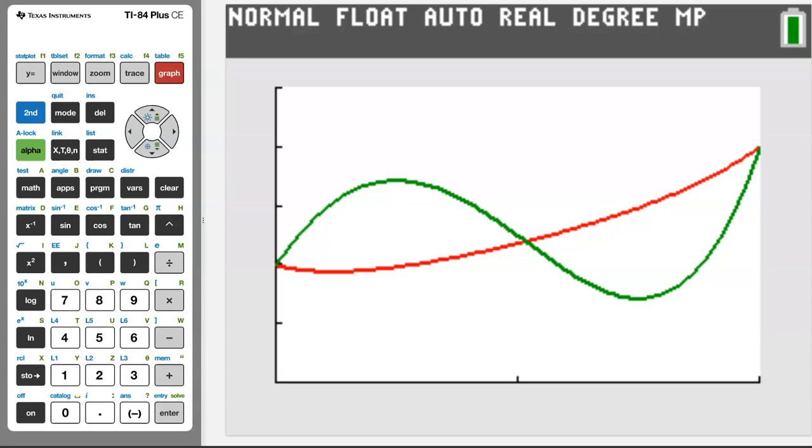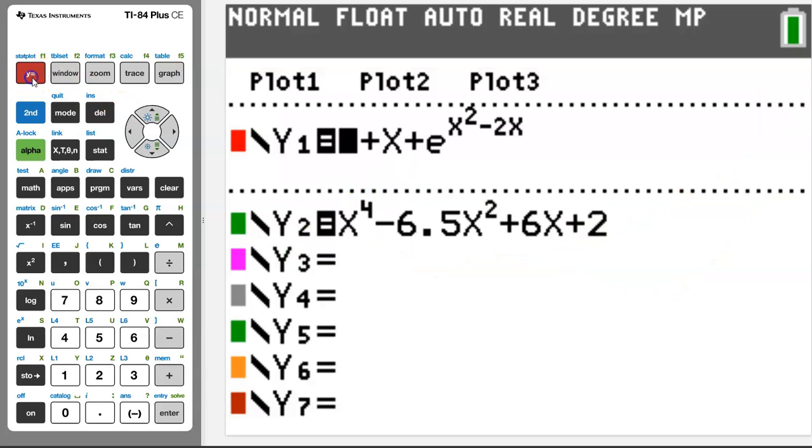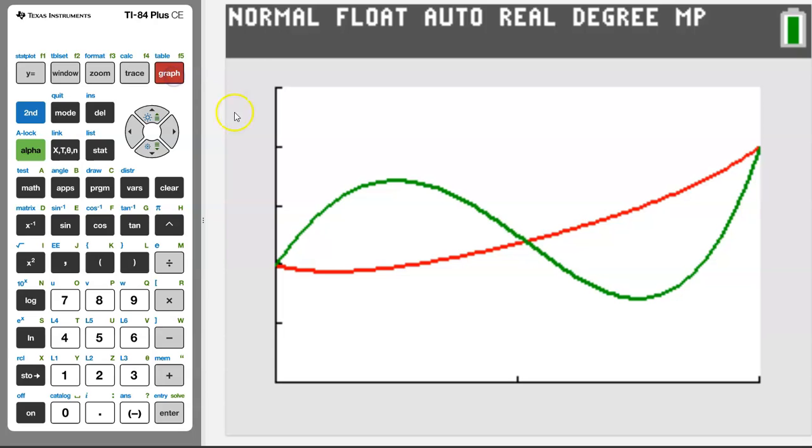Soak it in. The colors will help me determine which graph is f of x and which graph is g of x. But I better look back at my y equals. So y1, which is f of x, is red. And then y2, which is g of x, is green. So let's look at that graph again.